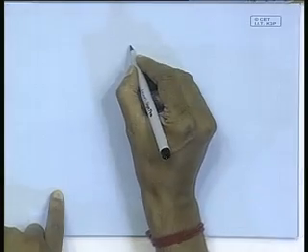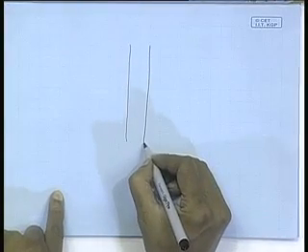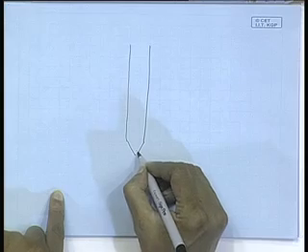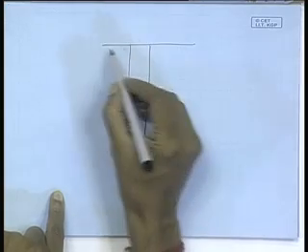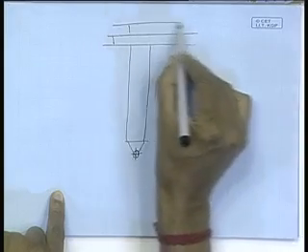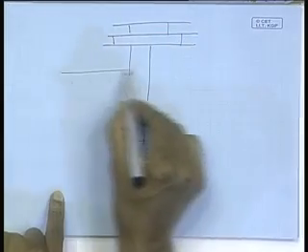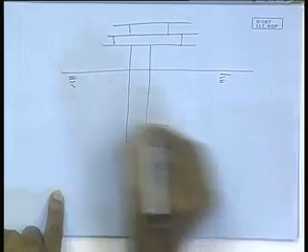So the compliant tower was conceived. Schematically it would look something like this. Suppose this is my sea level, water level.